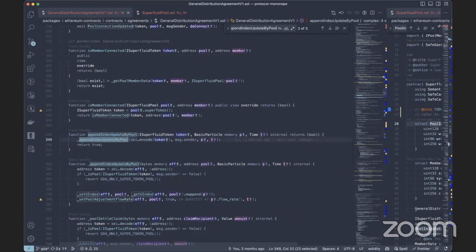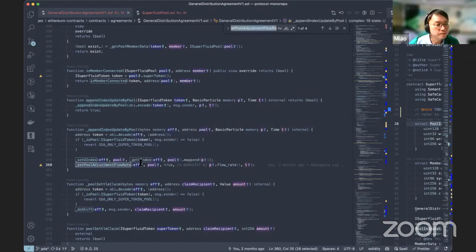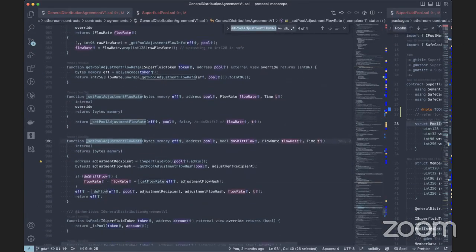And yeah, this is also a bunch of stuff that gets abstracted to semantic money. But we're basically updating the universal index of the pool and storing that in the token contract, and we're setting the pool adjustment flow rate for this pool, also in the super token.